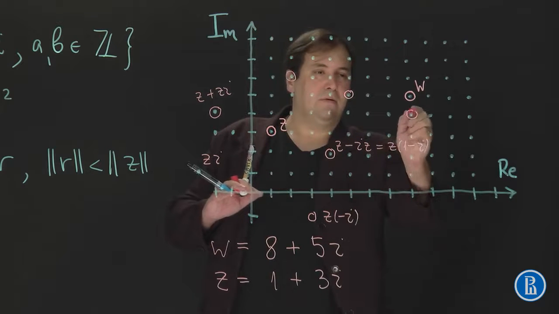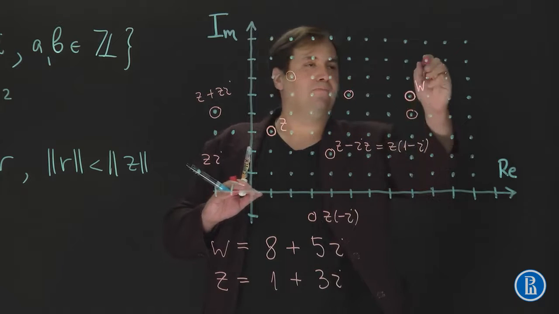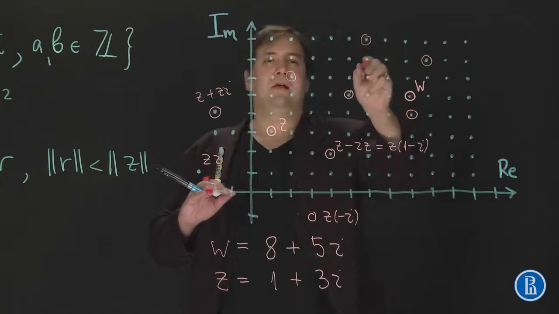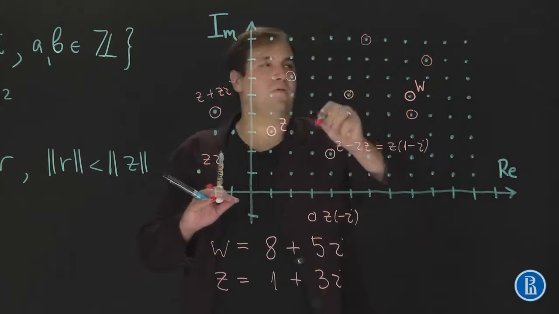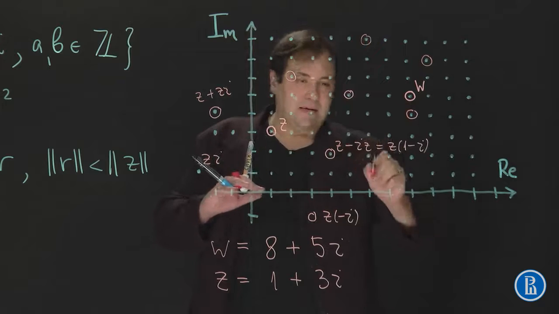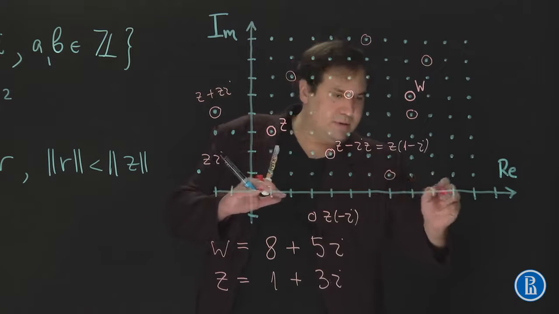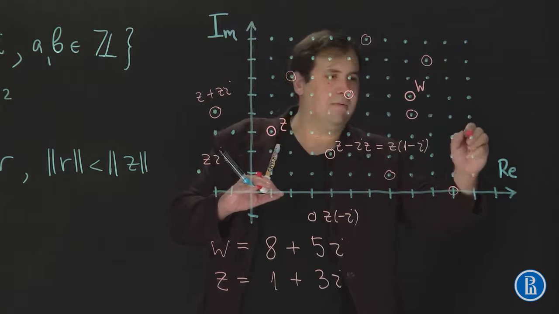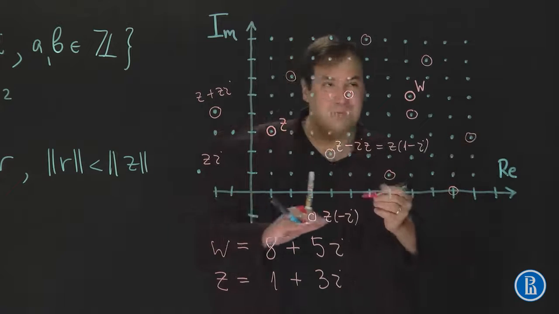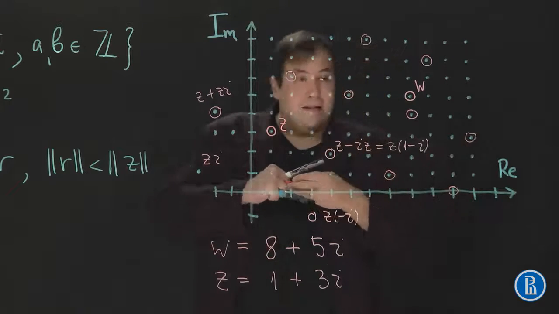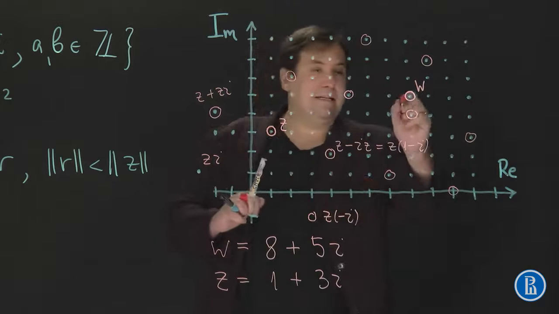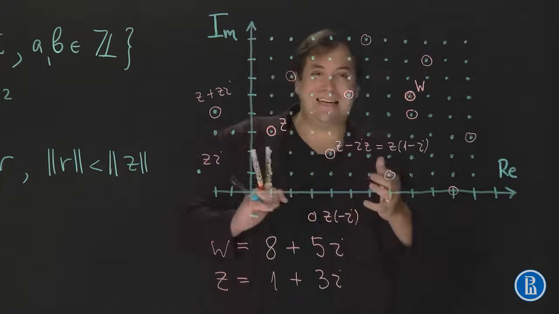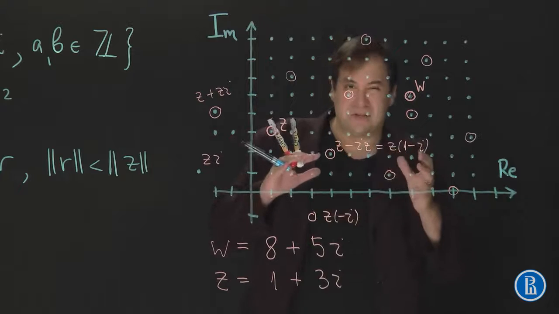So 1 minus i is the complex integer which we use to multiply z. We continue forming this lattice over here and over here, and the point somewhere over there, and so on. There are infinitely many such points. Now, we see that w appears to be inside one of the squares of this lattice.